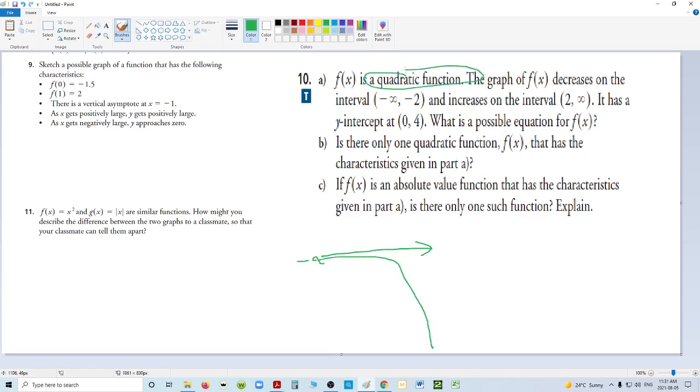It's a quadratic function, and it increases from 2 to infinity. It has a y-intercept at 0, 4, so it crosses the y-axis at 0, 4. Probably not. Probably more than 1. And probably yes for that.